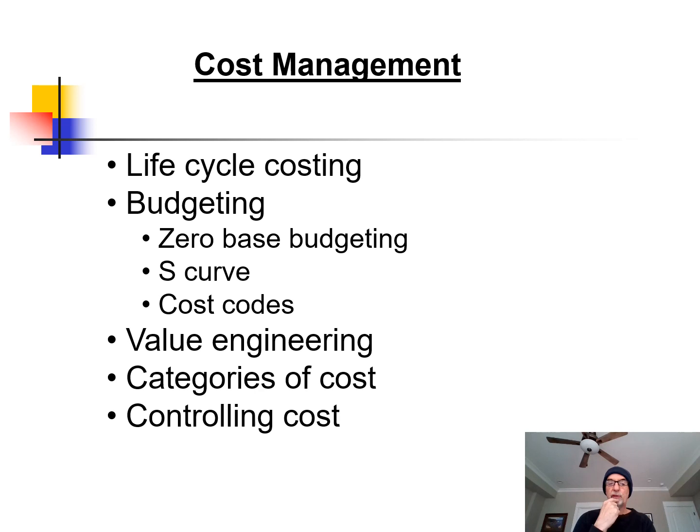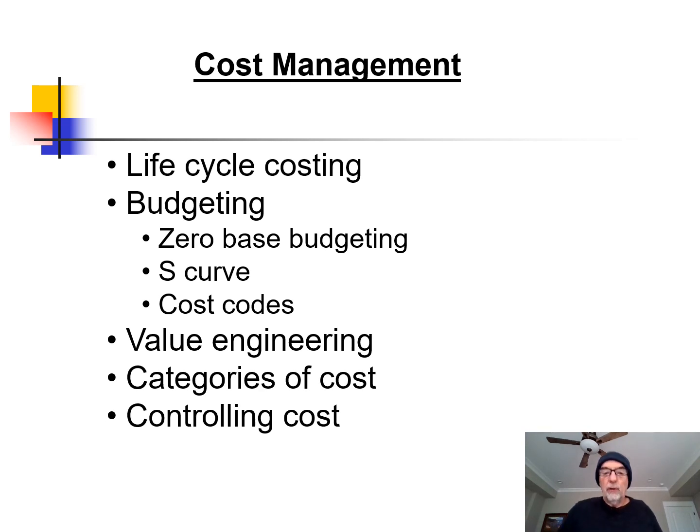You're also going to have the S-curve. We're going to take a look at that in a minute. Also, you're going to have cost codes where you need to assign codes to every task so the people in finance and accounting know where to charge money for your cost activities for your project.